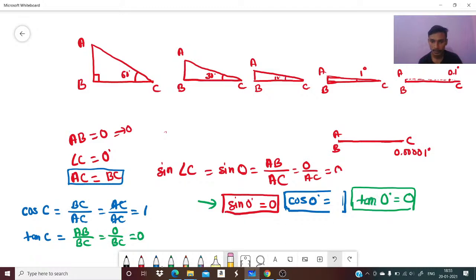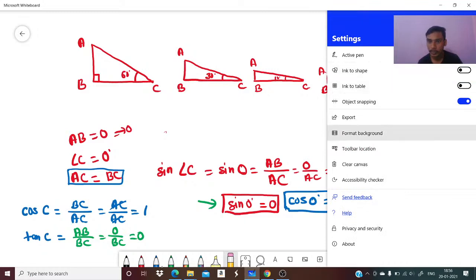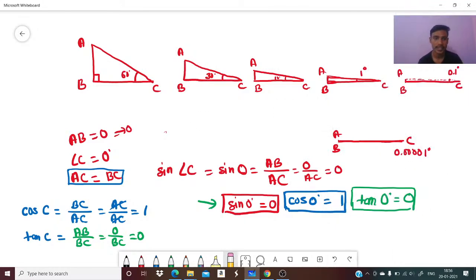I don't know how to, just forget all this, and let me add a new board. Where to add the new board? Fine, just leave it. Let me tell you from here itself. Let me use a different color, this one.